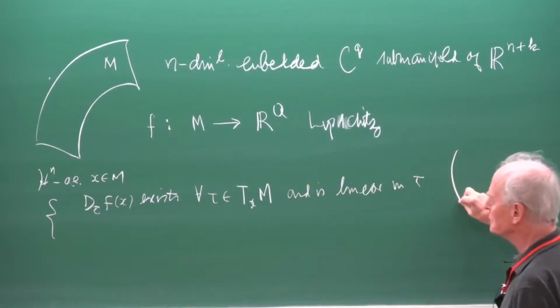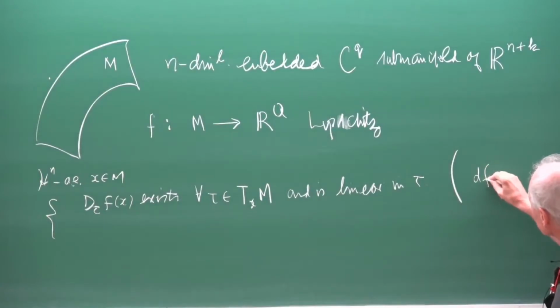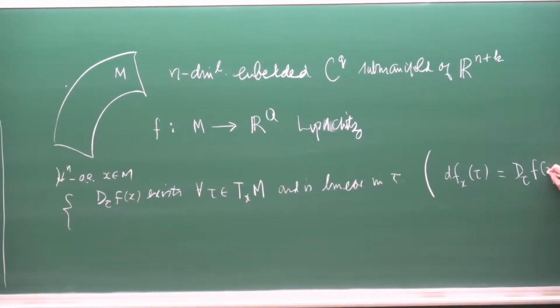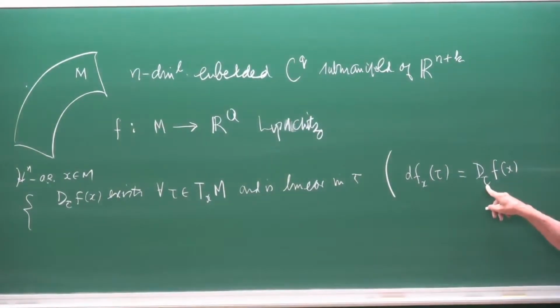So that enables you to define the induced linear map. The induced linear map is defined to be that directional derivative, same as it is in Rn, same procedure that you use in Rn, except that now we're working on the manifold, and now tau are vectors in the tangent space.